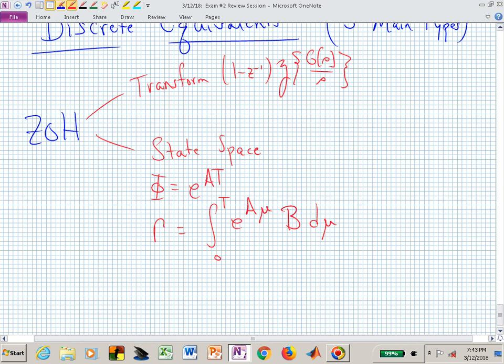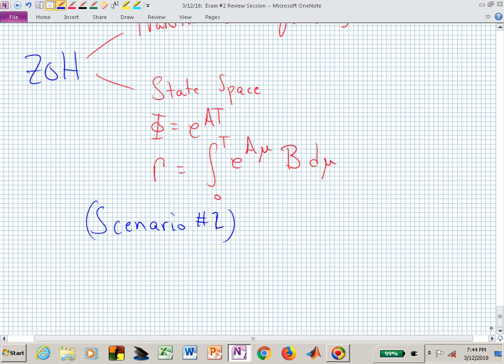And that's really scenario number 2 that we had originally called which of these are we dealing with. This is where the hold is included in the discrete equivalent. The behavior of that hold. Holding the input constant between samples. Question?